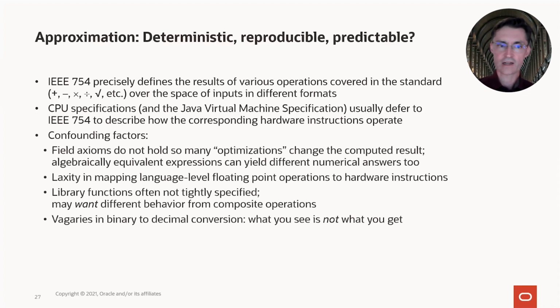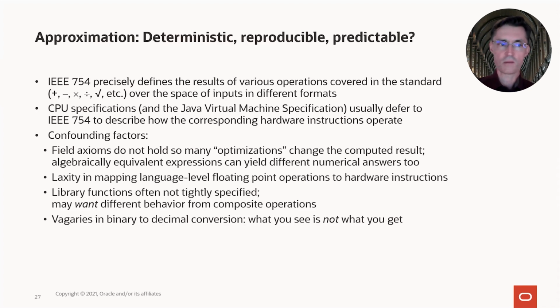As we've seen, the field axioms largely don't hold, so many optimizations change the computed result. This doesn't just hold for optimizations. If you change an expression to one that's algebraically equivalent, it might not be equivalent under the rules of floating point arithmetic. There's often a laxity in the mapping from language level floating point operations to hardware instructions. That can change the results. And often library functions are not tightly specified.